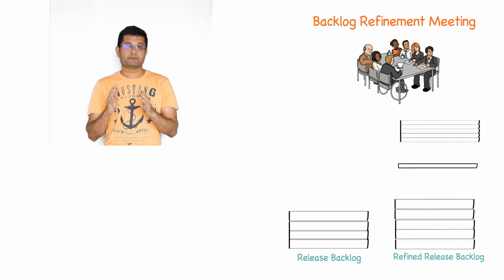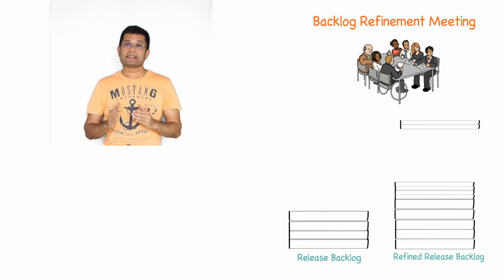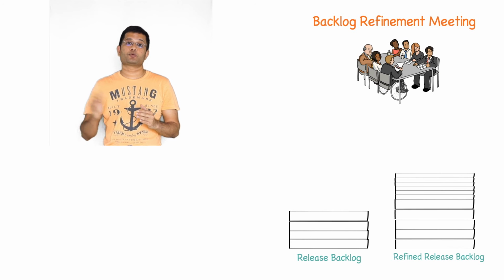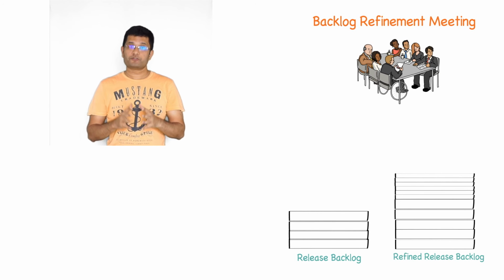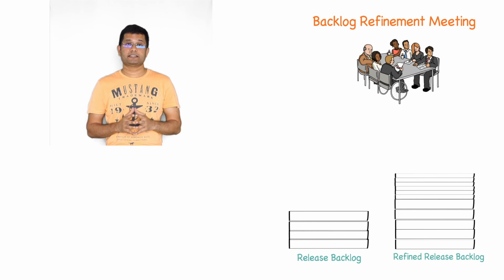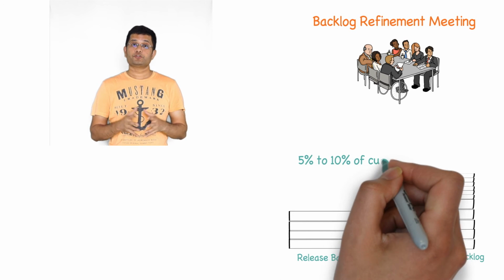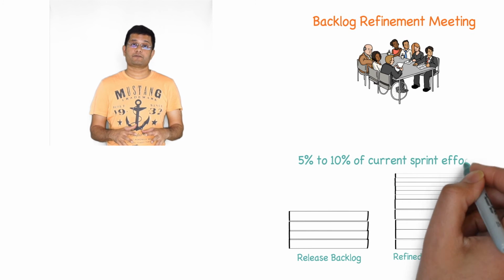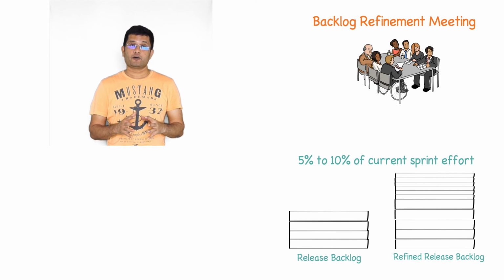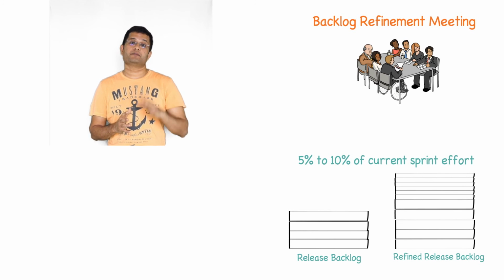These backlog items are the backlog items that could be picked up in the subsequent sprint. The backlog refinement meeting helps the team in understanding what are the requirements that they would need to implement in the subsequent sprint. Around 5 to 10% of the current sprint effort should be allocated for backlog refinement.